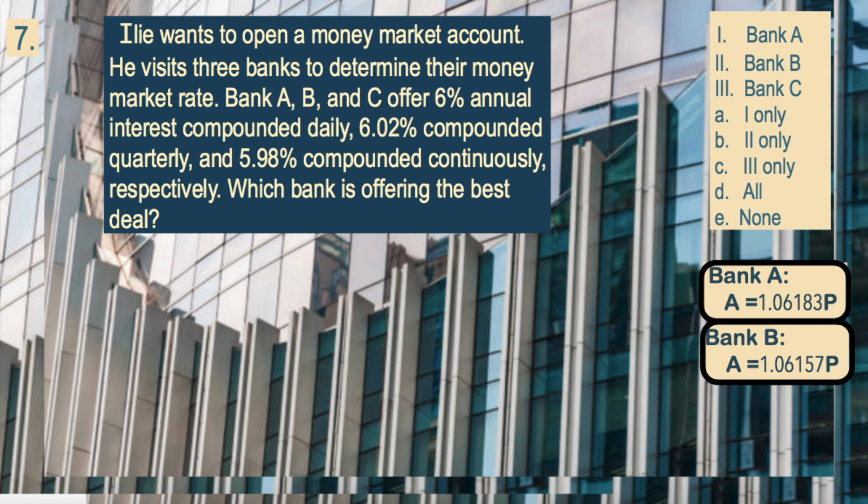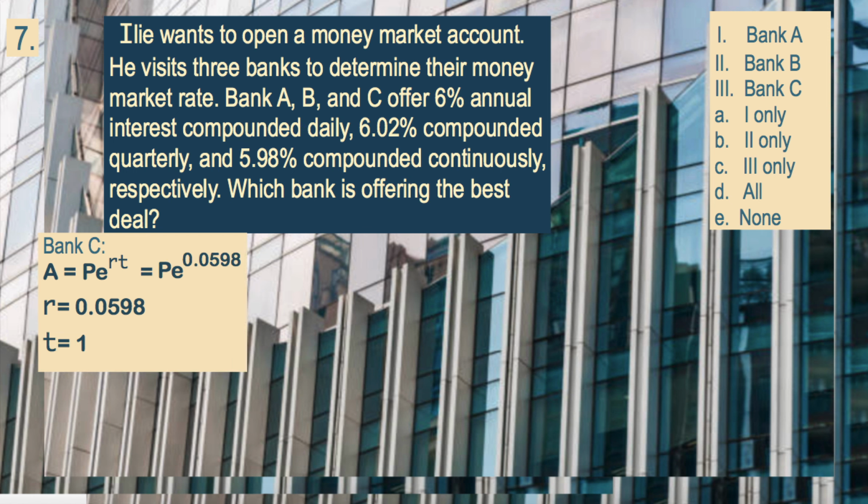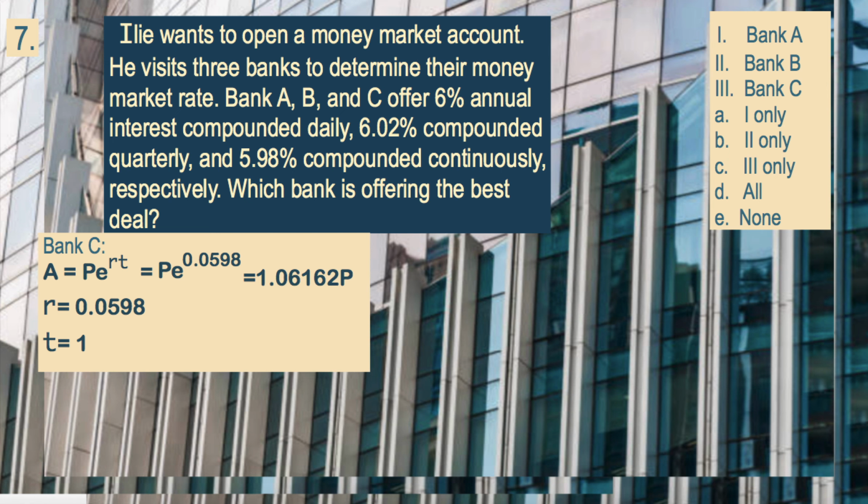Rate in this case is 0.0598. Time is 1. And we can begin solving. Equal to principal times e to the 0.0598, which equals 1.06162 times the principal.